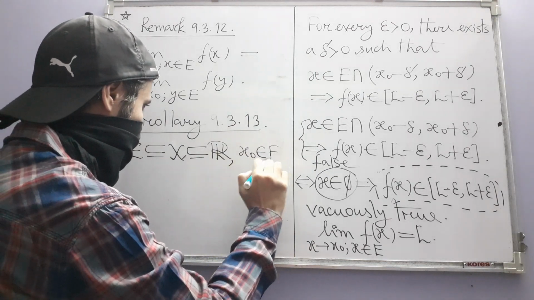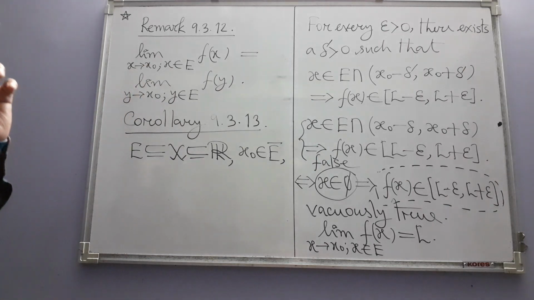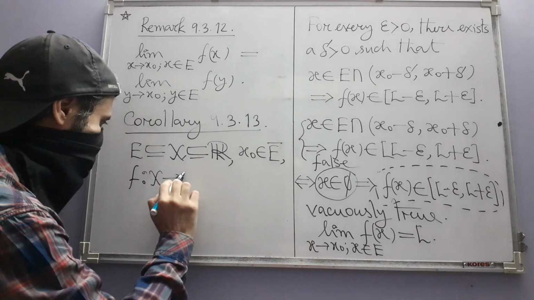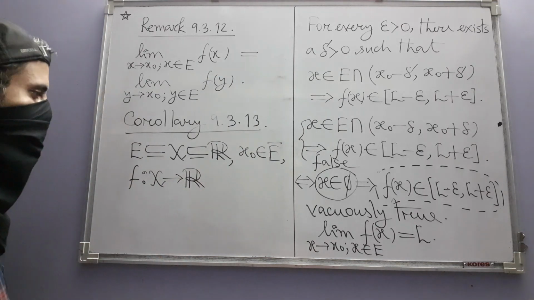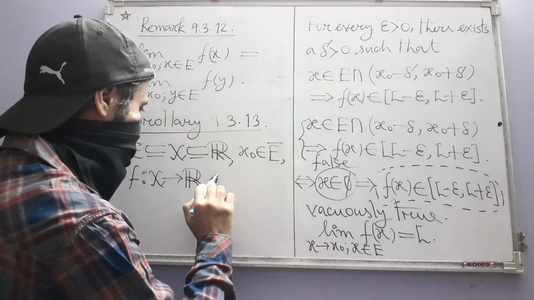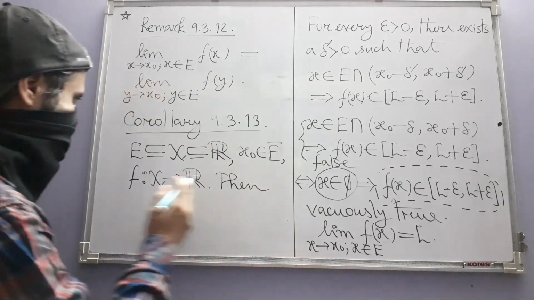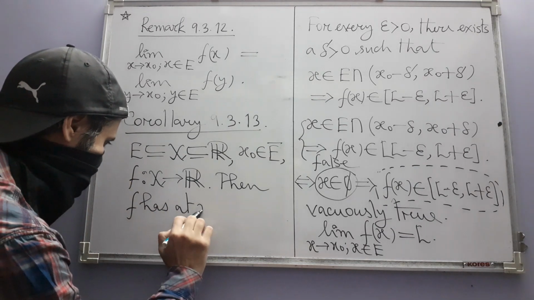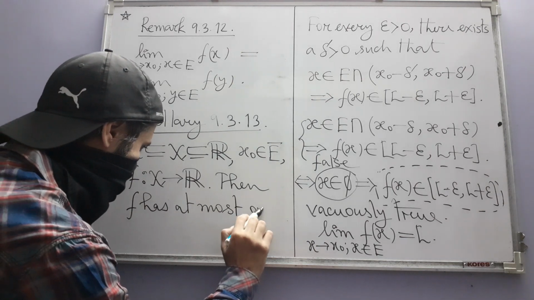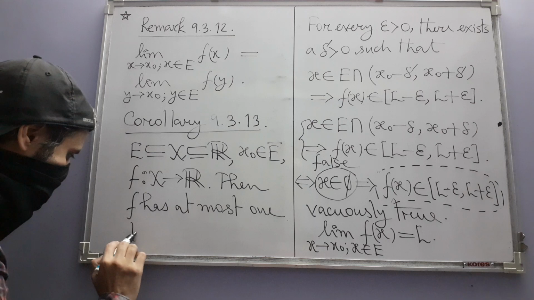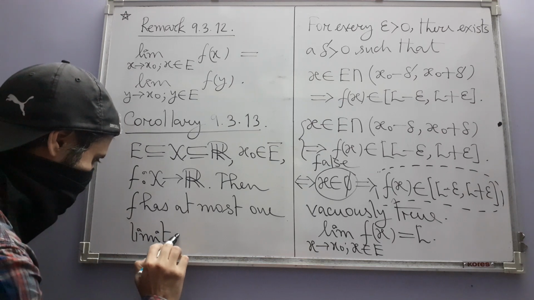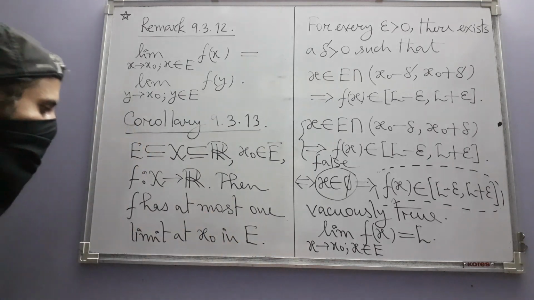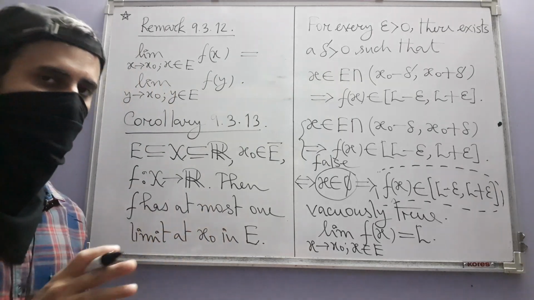X naught is an adherent point of E. F is a function from X into R. Then the conclusion of this corollary is that F has at most one limit at x naught in E. And the proof of this corollary, of course, is there.